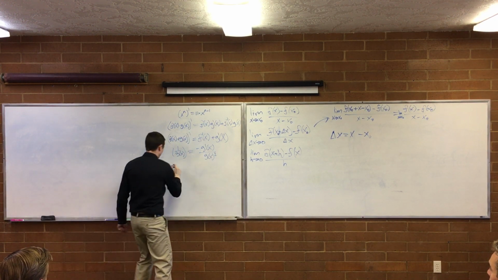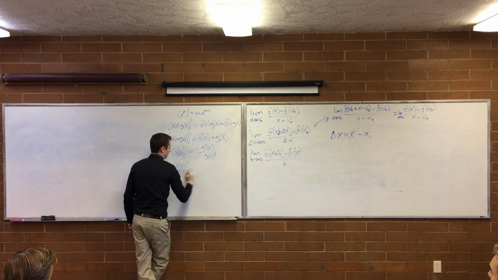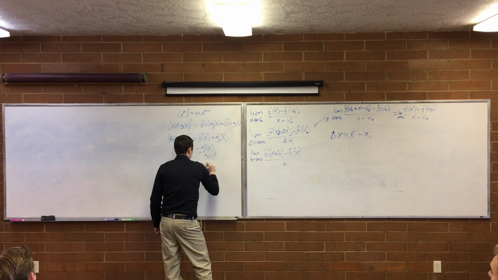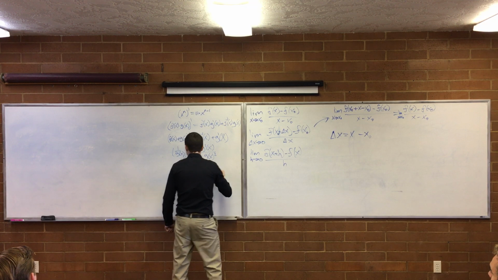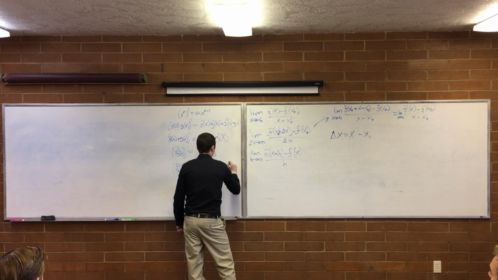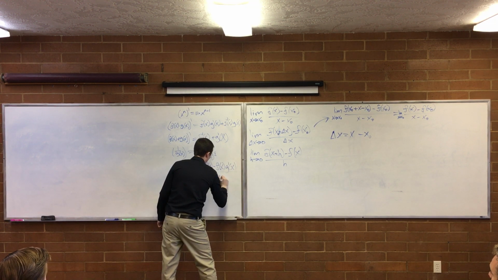And then the quotient rule, if we have f of x over g of x prime, that was equal to g of x f prime of x minus g prime of x f of x over g of x squared.